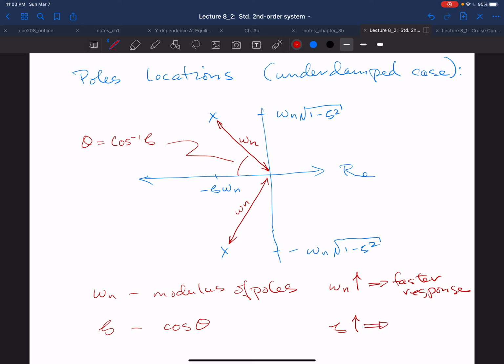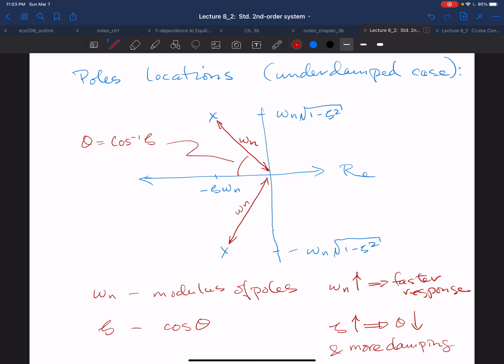Now with zeta, we have to think of zeta, if you like, as the cosine of the angle theta. So if the cosine is getting bigger, that means the angle theta is getting smaller. So if zeta goes up, theta goes down, and we know that we get more damping, if you like. The sinusoidal oscillations are damped faster.